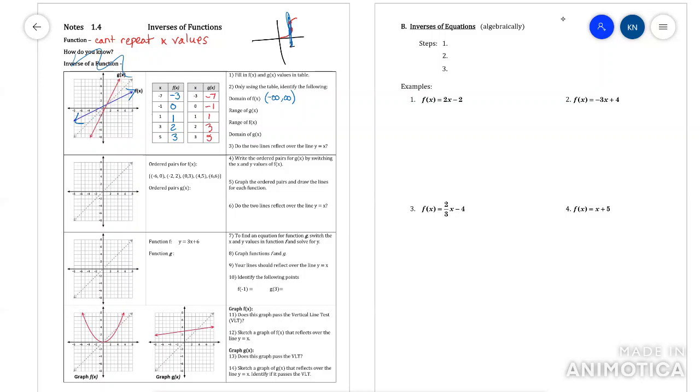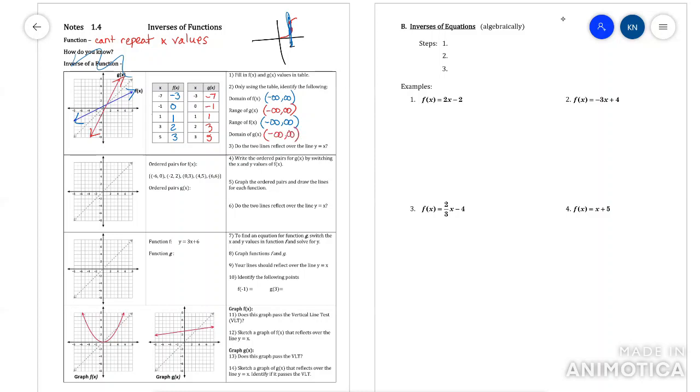Well, it also has arrows on both ends, so it's going to go down forever, up forever. So the range is all reals here. The range of F, it goes down forever, up forever. So it's all reals. And the domain of G, it goes left forever, right forever, so all reals.